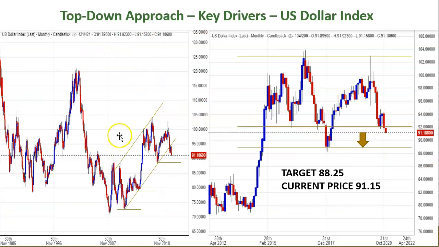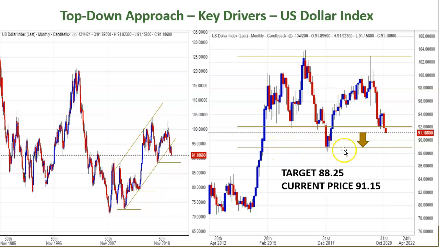On the left, we have the monthly chart going back to 1985, and on the right, we have zoomed in on the latest price data since 2012. On the left, we can see that we were in an uptrend. This latest move was in an uptrend, and we broke down through the trend line. That's very significant. So moving over to the right, you can see the head and shoulders pattern here with the left shoulder, the head, and the right shoulder.